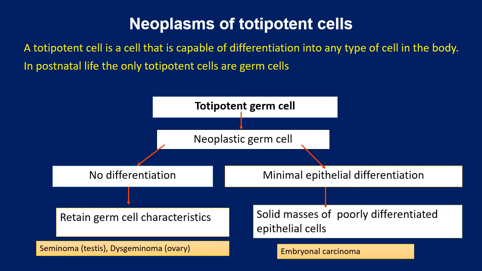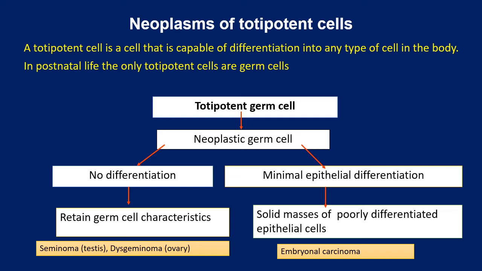So seminoma and dysgerminoma. Also here there is an exception. Oma in seminoma doesn't mean benign, it means malignant tumor. Also, dysgerminoma in the ovary is a malignant tumor. So it's a malignant tumor arising from totipotent germ cell without differentiation.